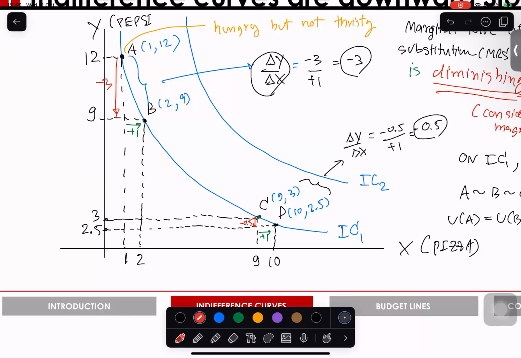It's a different feeling when he has so little and we still take away from him. We take away one X from him. Now he says, to compensate, he requests +3 Pepsi. Get back to the same indifferent curve. Point A is on the same curve. Yeah, that's an interpretation. When you look from downwards to upward, it's willingness to trade again.